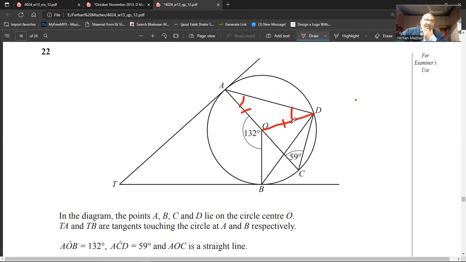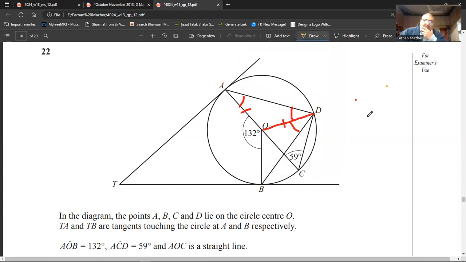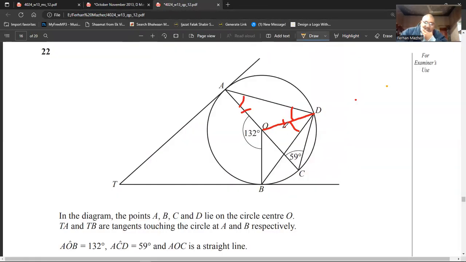So from 66 subtract 31, you get 35. So this will be 35.